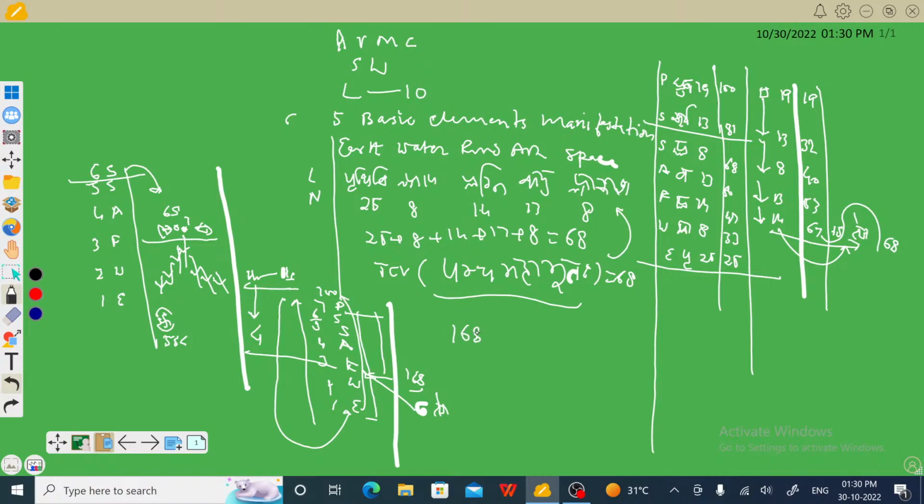And see what is happening: this 168 number is the total primes up till 1000.